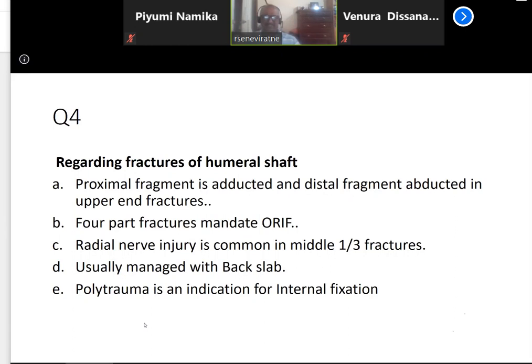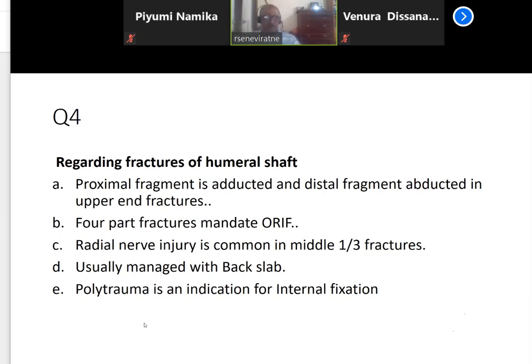Actually, proximal fragment is abducted due to rotator cuff muscles, and distal fragment is adducted, right? Adducted because of the pull of mainly pectoralis major muscle, and teres major.